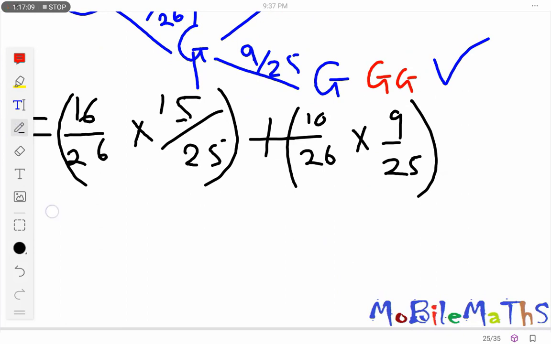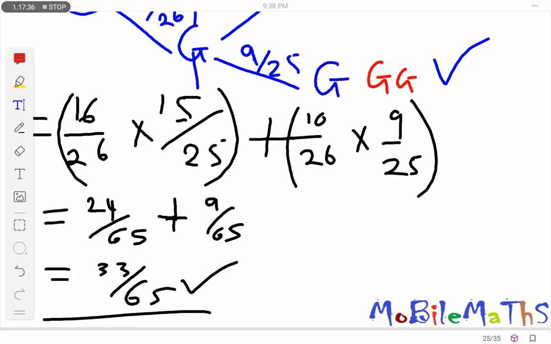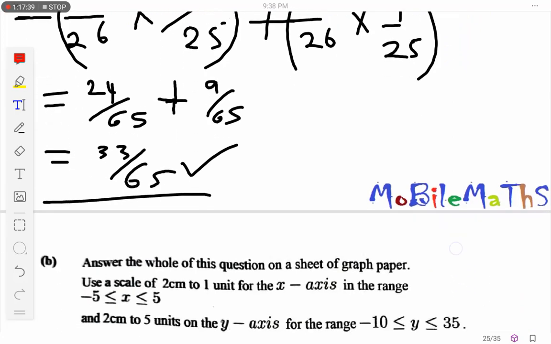You find out this part here, I'll get 24 over 65 plus 9 over 65. So my answer is 33 over 65. This was 65, guys, I don't know where I was getting 64. It is 65. So this is our final answer here. You can also punch it in your calculator to check.